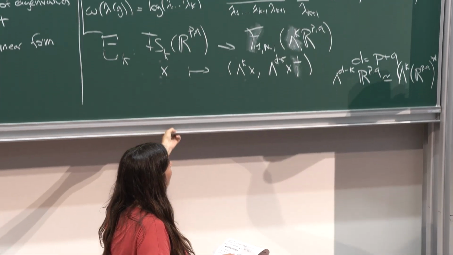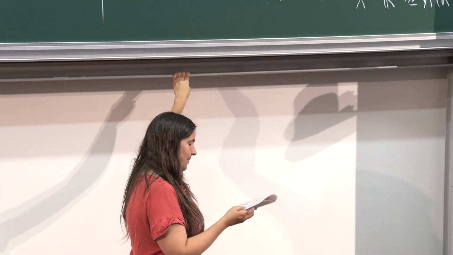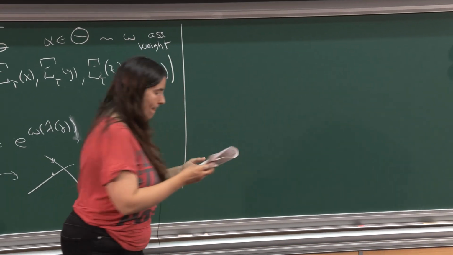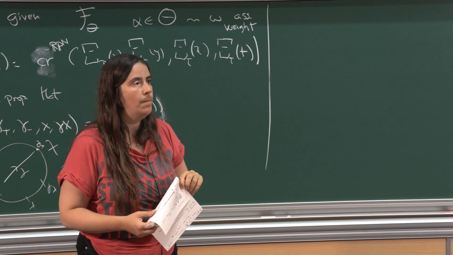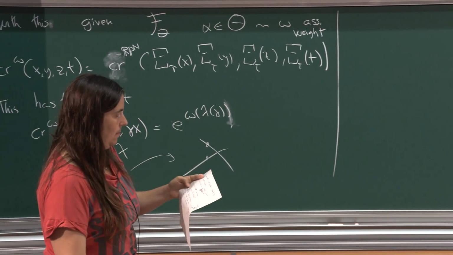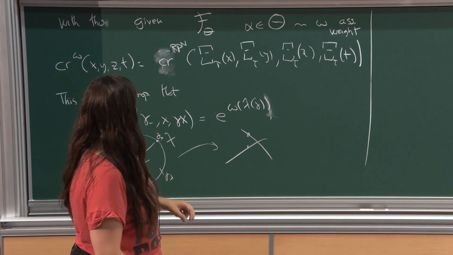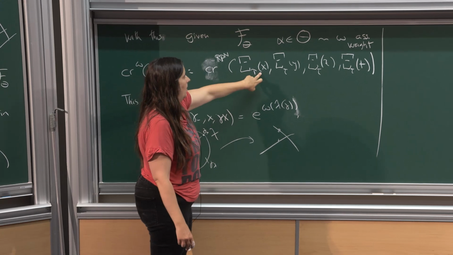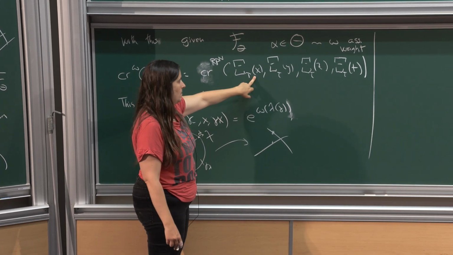Okay. I'm a bit confused. How do you compute this? If I'm not mistaken, this boundary map of a point gives you a flag, with a dimension 1 subspace and a codimension 1 subspace. Right. How do you compute their cross ratio?